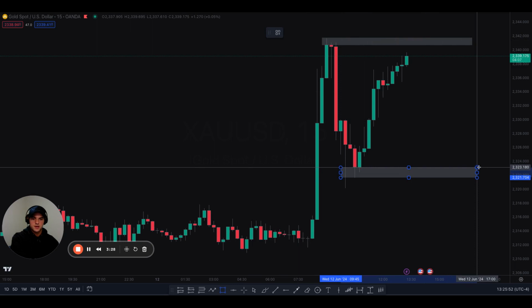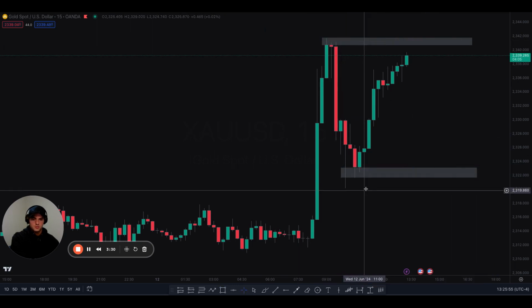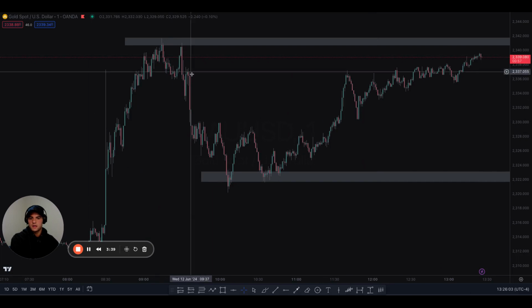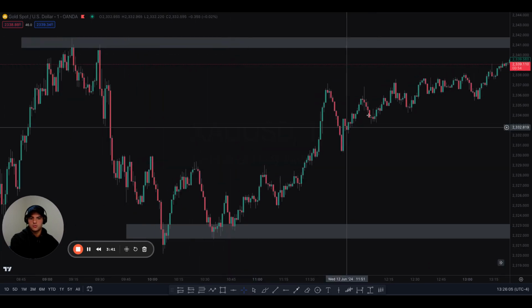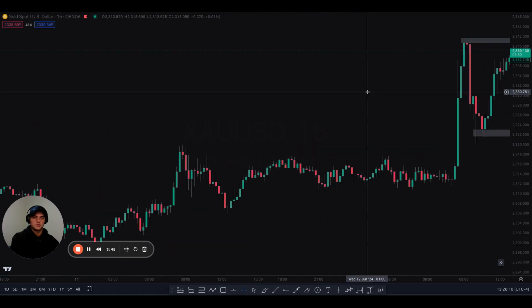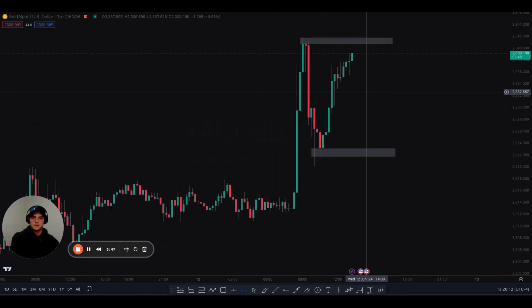You see that is like so many less candles than if you go to the 1 minute and you see how many candles this is and the move, right? So you have a lot more candles than this, right?